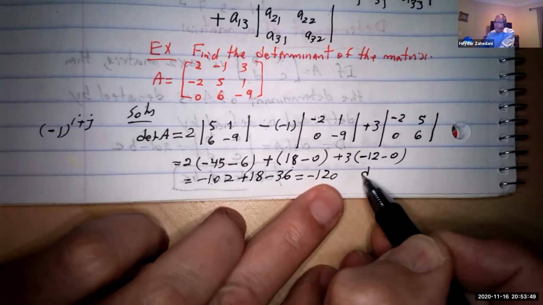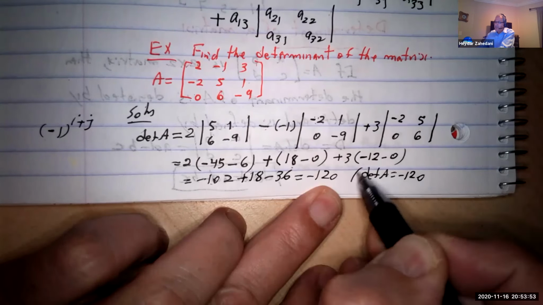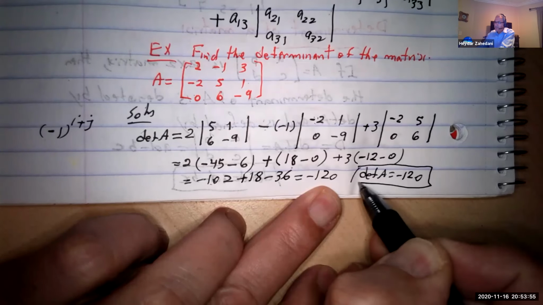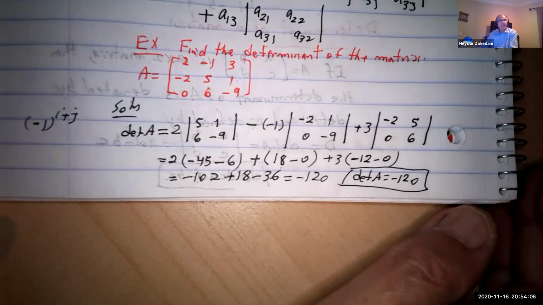So the determinant of A is negative 120. And that's going to be the case. Okay, any question? So that would be how we get the determinant of a 3 by 3 one.